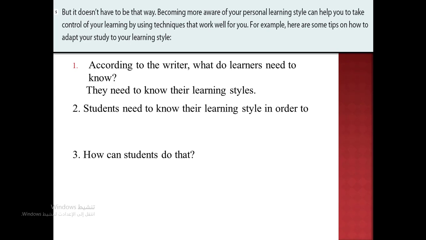Students need to know their learning style in order to take control of their learning. To take control of their learning. إذا الطلاب بحاجة، طبعا هذا حسب رأي الكاتب، الطلاب بحاجة لمعرفة نمط التعلم الخاص فيهم الأساسي. To take control of their learning عشان يقدروا يتحكموا أكثر ويكون عندهم سيطرة أكثر على تعلمهم.